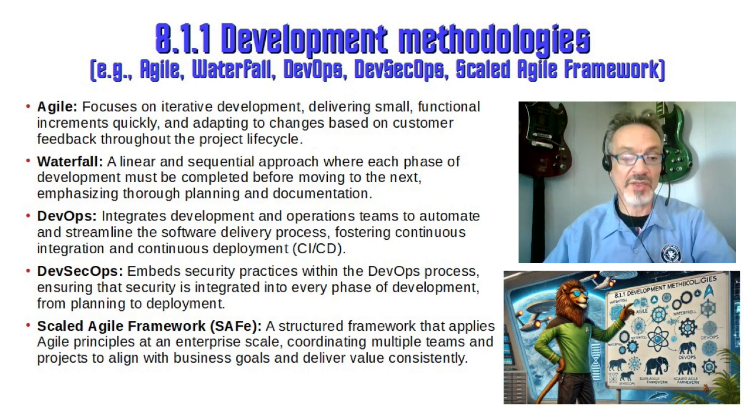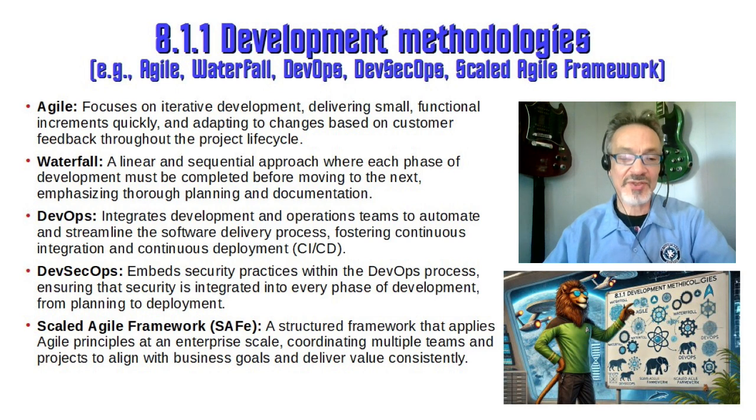DevOps integrates development and operations teams to automate and streamline processes, fostering continuous integration and continuous deployment, CI/CD. Security should be part of this flow, which brings us to DevSecOps, which extends DevOps to ensure that security is embedded in every phase of development from planning to deployment.